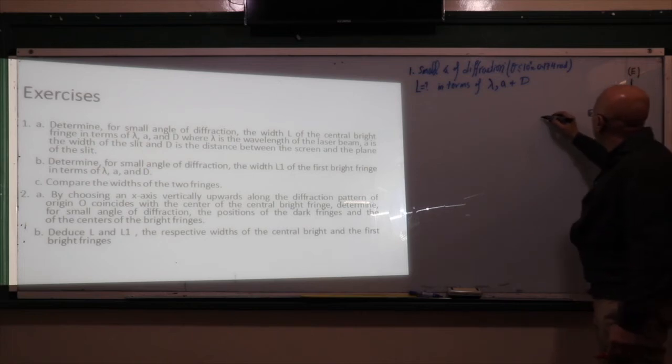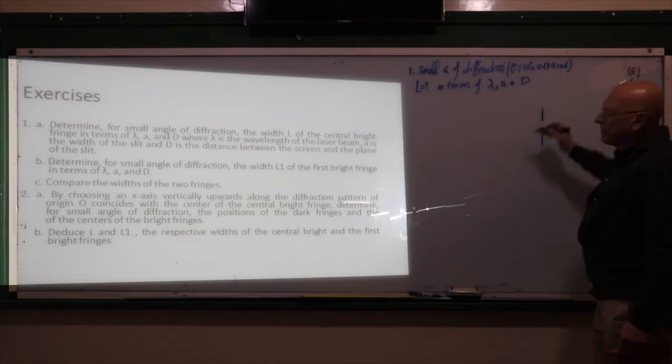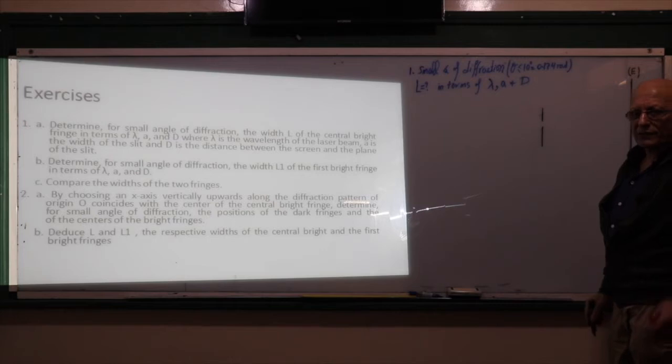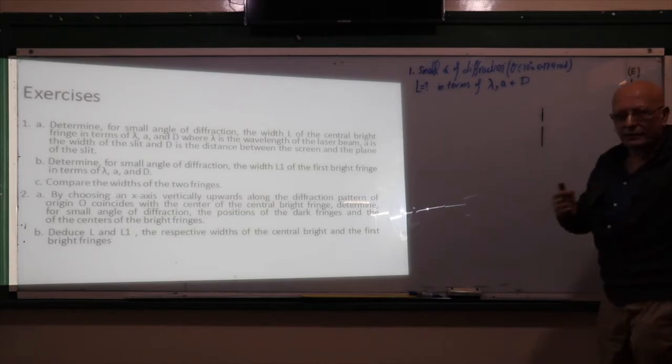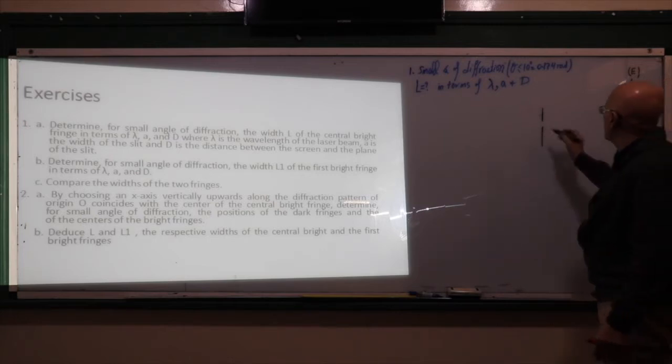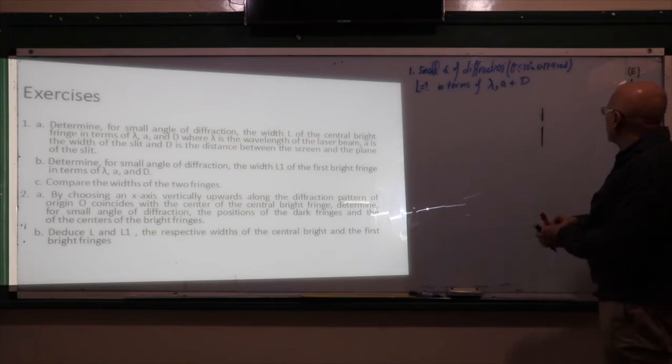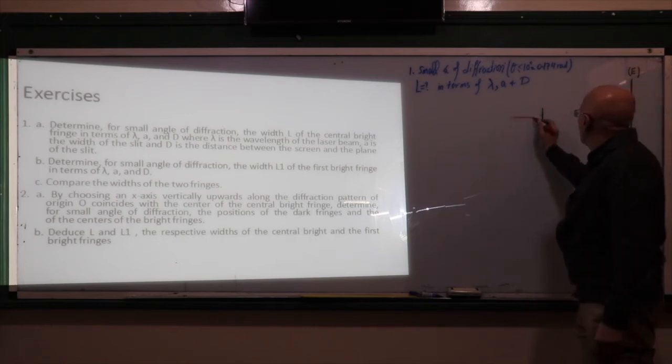And here, this is the slit. Don't forget, the slit is of the order of 1 millimeter. It is just a point. And here, this is the laser beam of wavelength lambda. Okay?